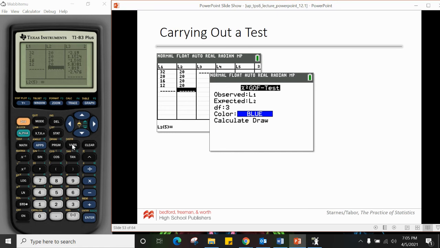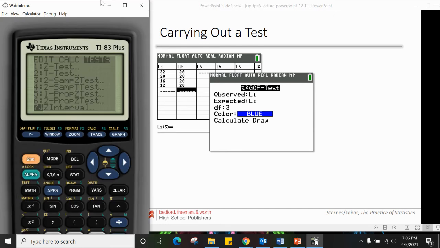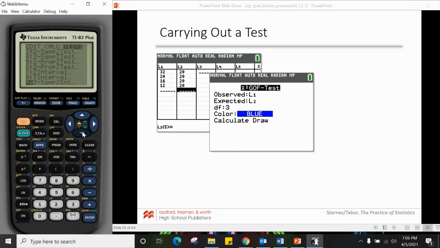After you have the list here, you're going to go into second distribution. Scroll down to chi-squared. Oh, not distribution, that is how you get the distributions. I want the test. So how I got there was stat over to test, and now I'm going to look for chi-squared GOF for goodness of fit. Chi-squared test, 2 sample F test, linear regression test. I think mine's a little old, so we're going to do chi-squared test.